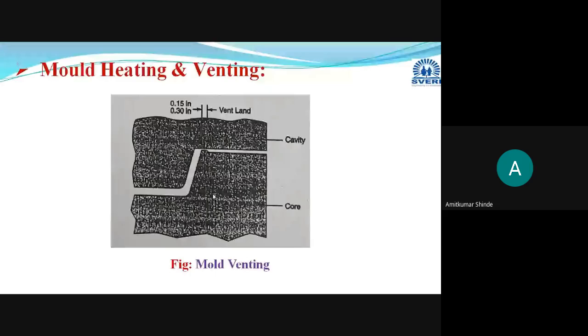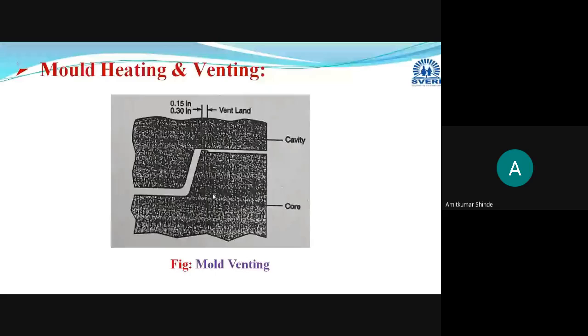A chemical reaction may occur, and some gases will form. Without vents, those gases will get trapped as gas pockets in your final product, and it will reduce the strength of our product, and during service it may get broken or fail. To avoid the formation of gas pockets and defects in our final product, you have to release these gases by providing vents. These vents are termed mold vents or mold venting.